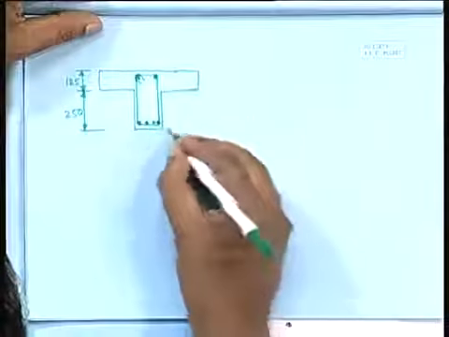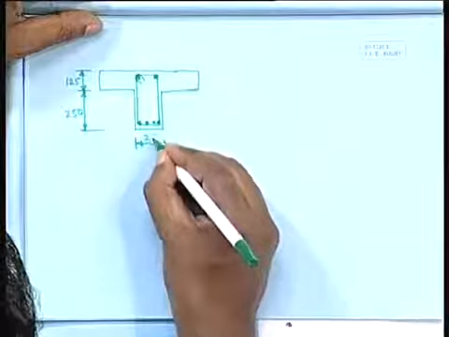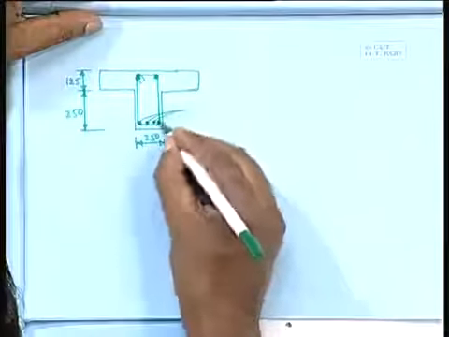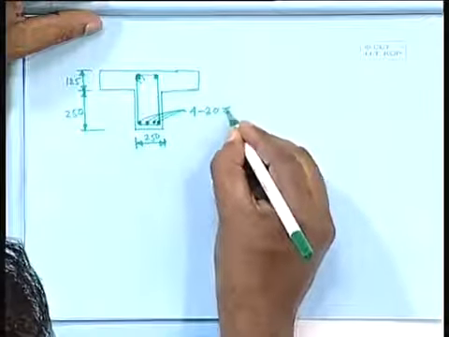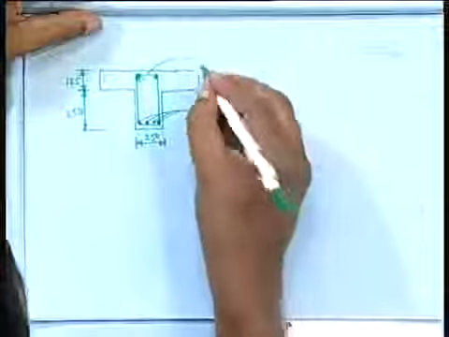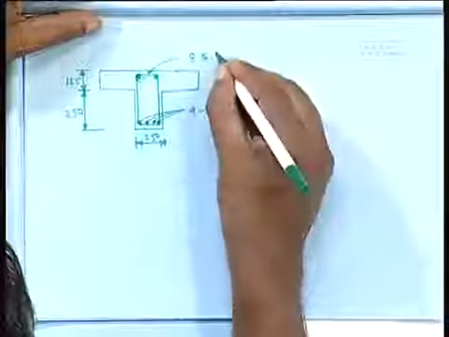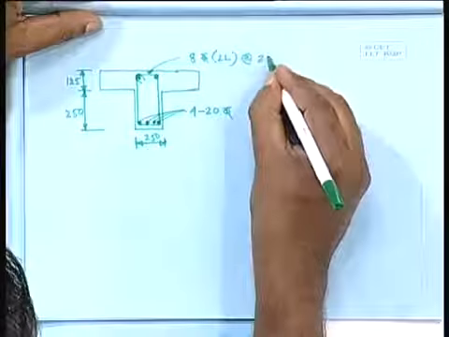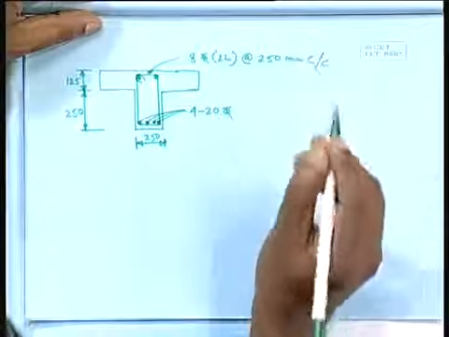So, we shall get 250, 420 Tor, 8 Tor, two-legged at the rate of 250 millimeter center to center.